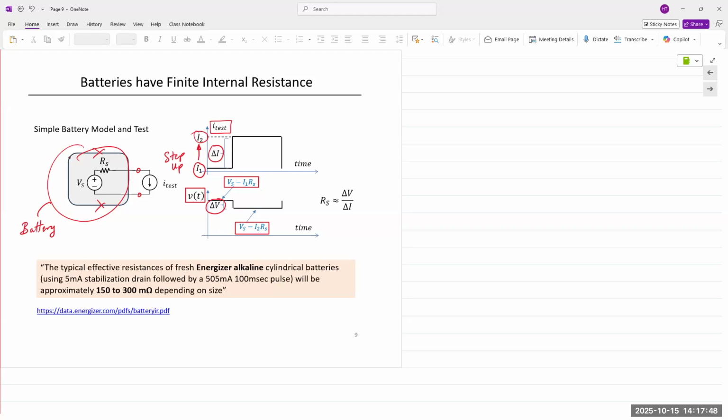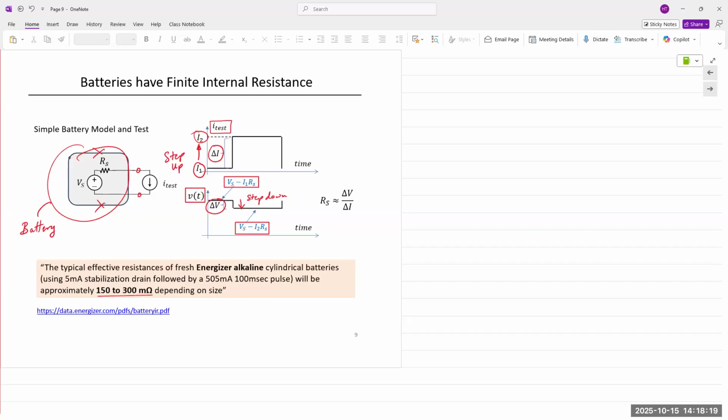If the voltage drop increases, then the total output voltage decreases, and so it steps down. We take delta V and delta I, apply Ohm's law, and we can calculate the series resistance of that battery.